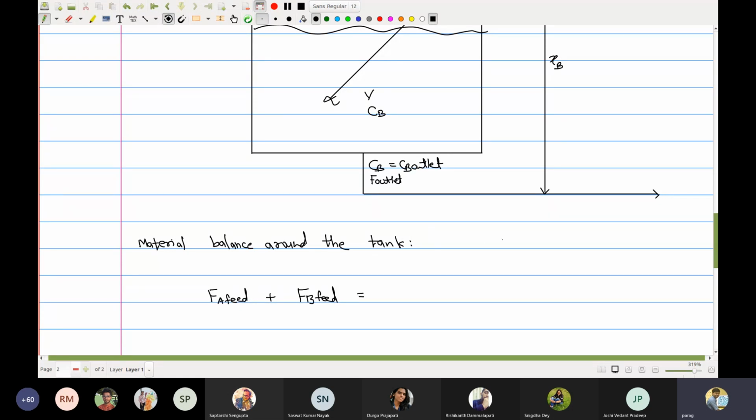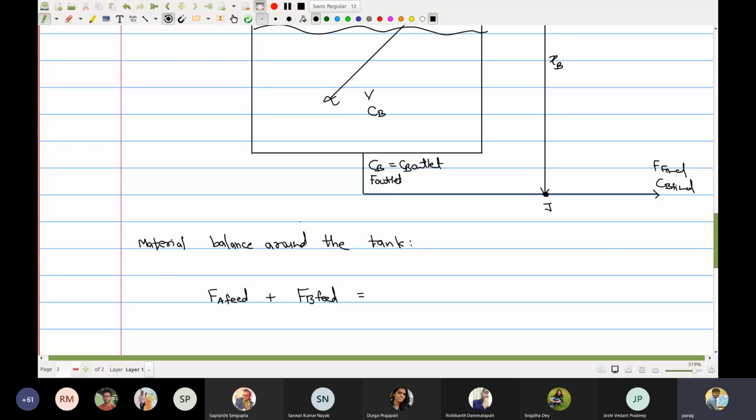But then at this junction, let us call it junction J, some amount of pure B is getting added. Therefore, you have the final volumetric flow rate as F final and the concentration of B here as CB final. So these are our notations.